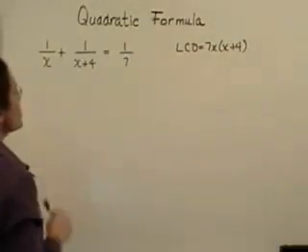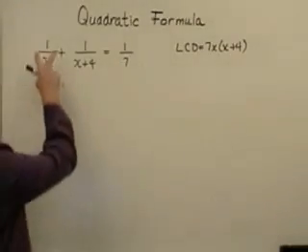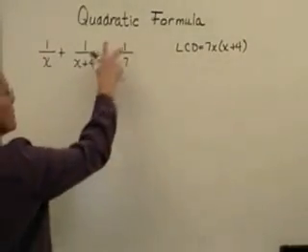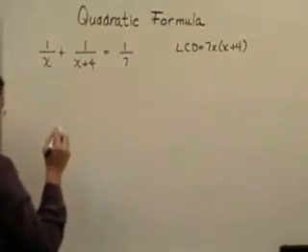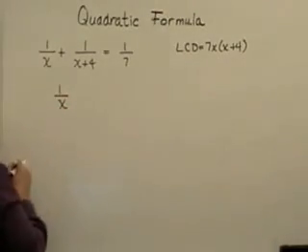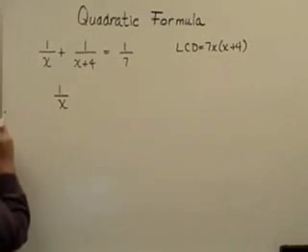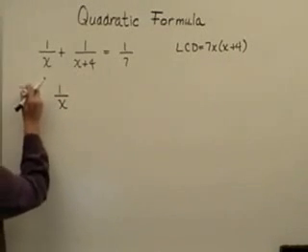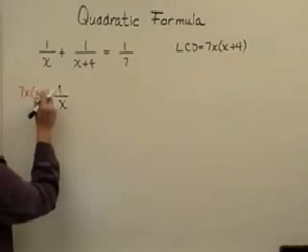When we solved rational equations like this, we said that we needed to multiply every term by the LCD. I'm going to do that in red to illustrate. So the 1 over x needs to be multiplied by 7x times x plus 4.